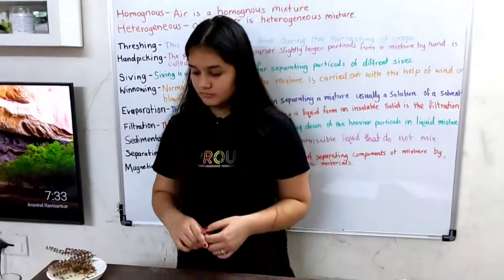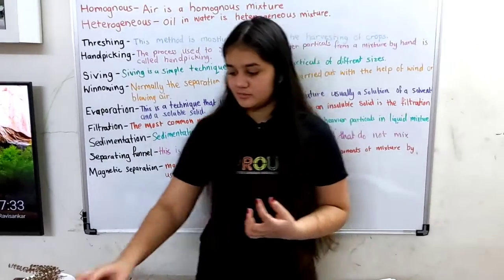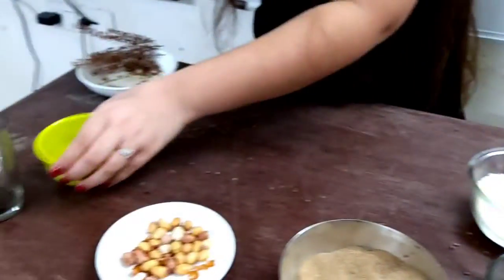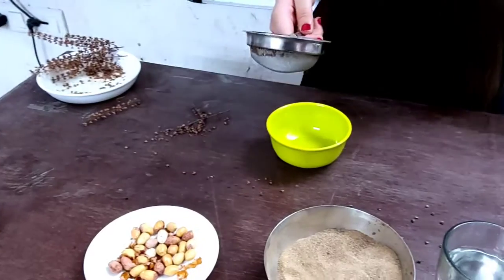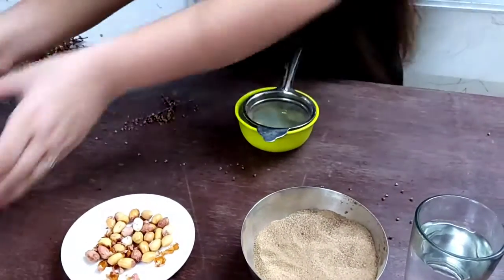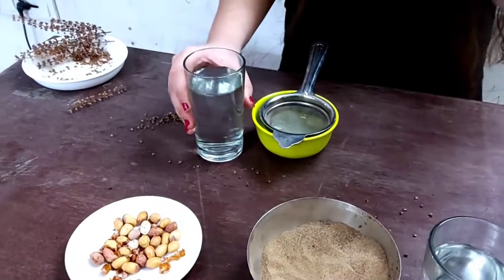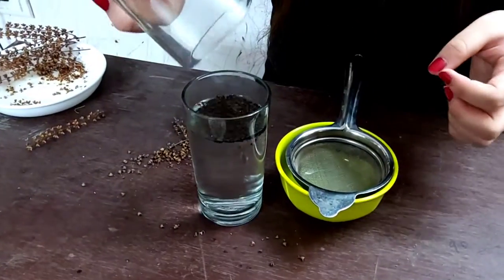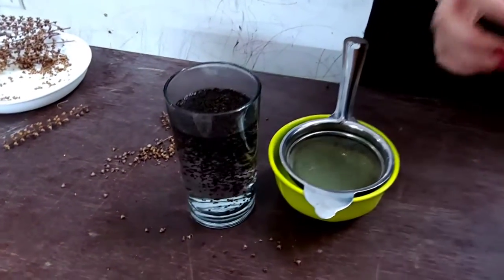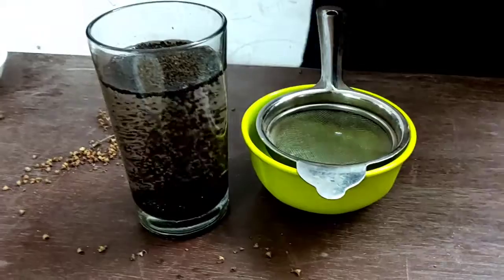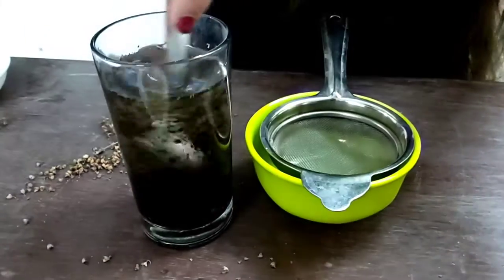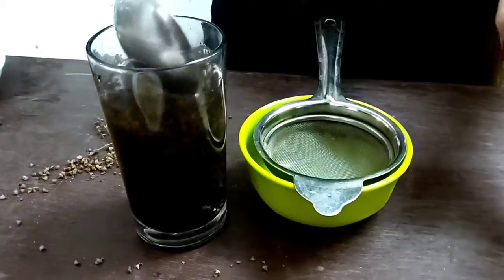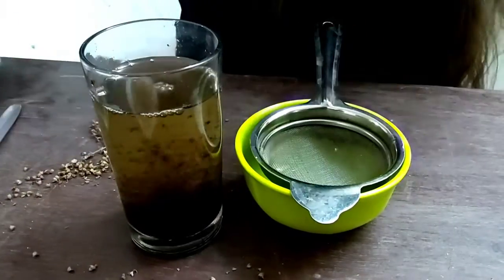So over here I am going to tell you what sieving is. Basically, you can see here, I can show you a separation technique. Here I have some tea leaves, as you can see, and I kept them in the water. Now I'm mixing it. Now this is all mixed, but I want to separate this.